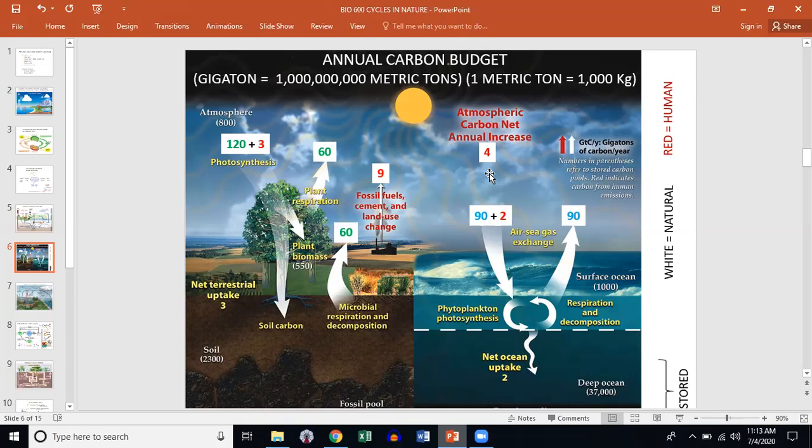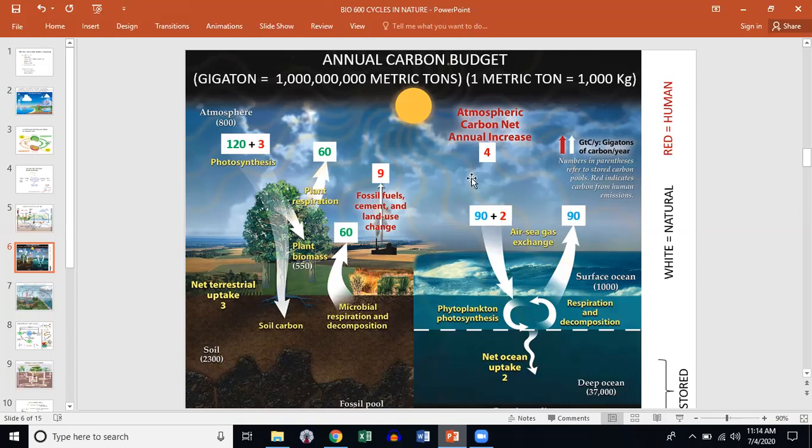Okay, so this is the deal. This is the anthropogenic CO2 produced on an annual basis into the atmosphere, a net of about 4. So about half, a little less than half of the CO2 that we are producing through burning of fossil fuels is staying in the atmosphere, and the other half is being absorbed by the excess photosynthesis of either land or ocean plants or phytoplankton.